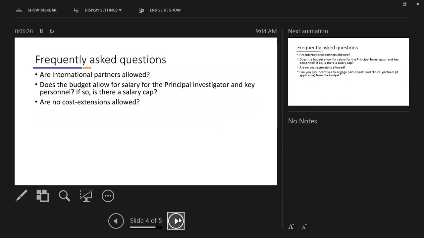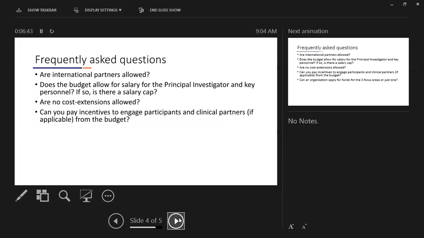Are no-cost extensions allowed? Again, the maximum period for a LINCS grant is 24 months. We, at this point, do not have a policy on no-cost extensions, but such requests would be reviewed on a case-by-case basis when the time arises. Can you pay incentives to engage participants or clinical partners, if applicable, from the budget?